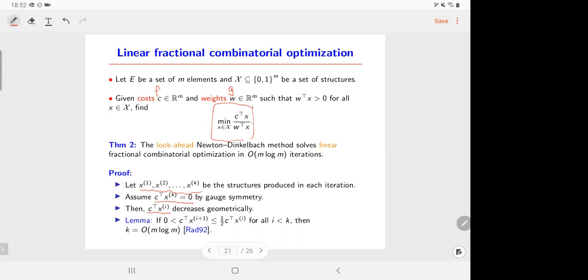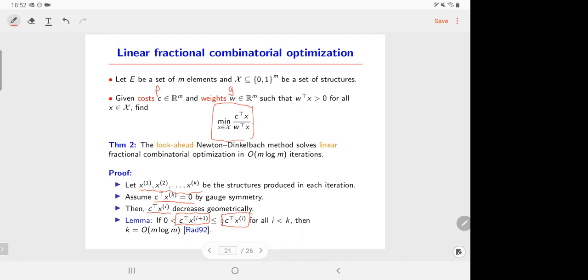found in Radzik's survey, but it was actually credited to Gummans, which states the following. If you have a sequence of sums which decreases by a factor of 2, and these sums are positive, then your sequence cannot be too long.